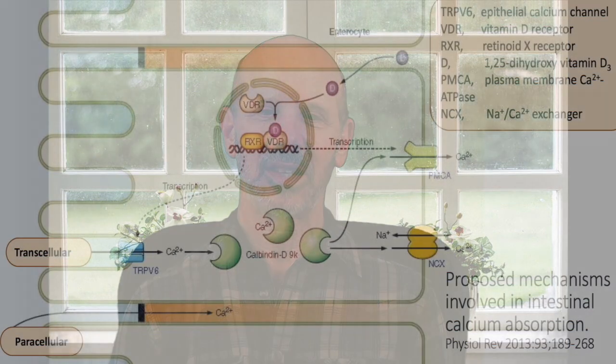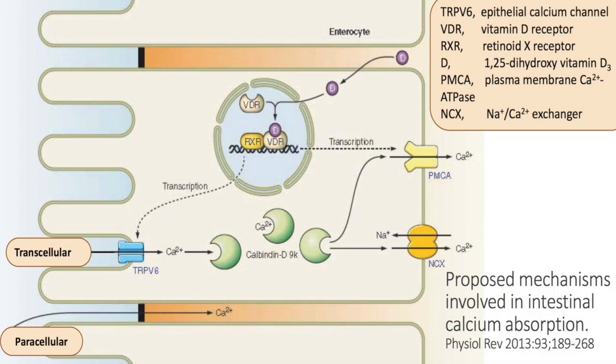This process is not very efficient, but when calcitriol is also present in the enterocytes, it binds to vitamin D receptors, actually entering the nuclei of these cells, where it activates a genetic program which increases the transcription, translation, and ultimate expression of both the calcium transporter proteins and the calbindin D, resulting in increased activity of the calcium pumps.